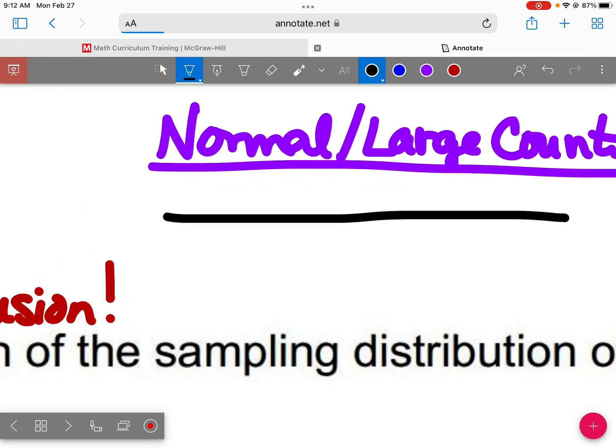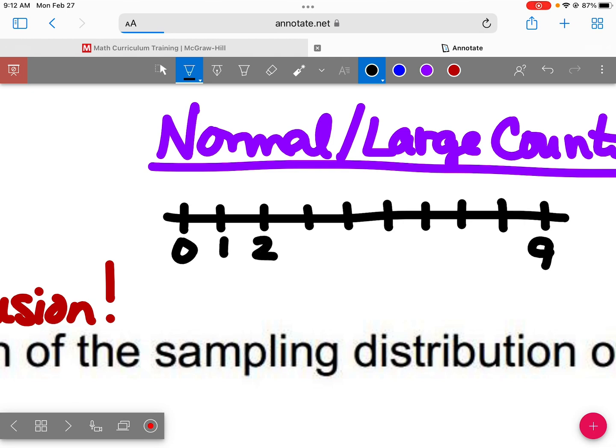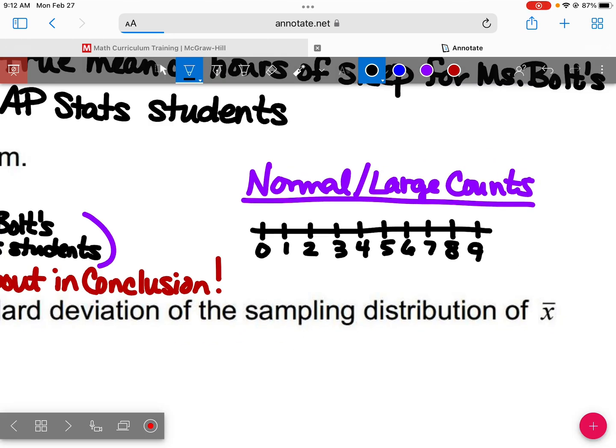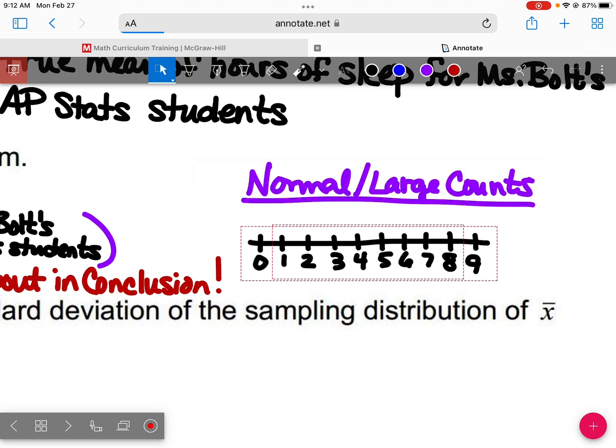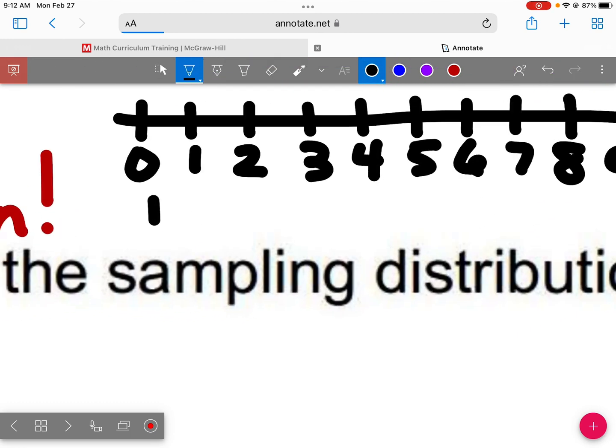All right, so all the way from 0 to 9. And what is this a graph of here? Hours of sleep, so we're going to label it.